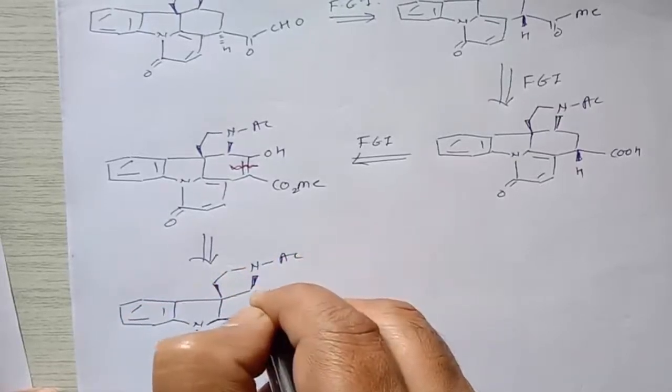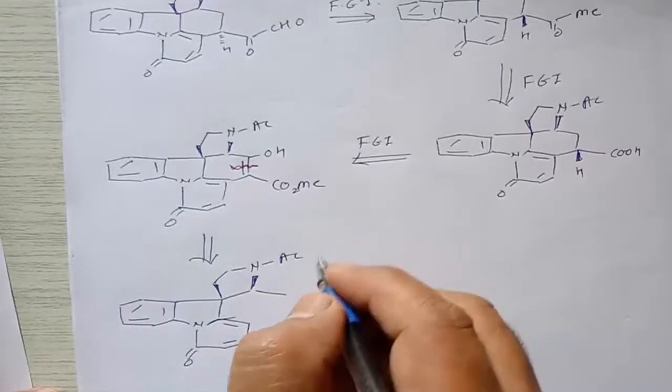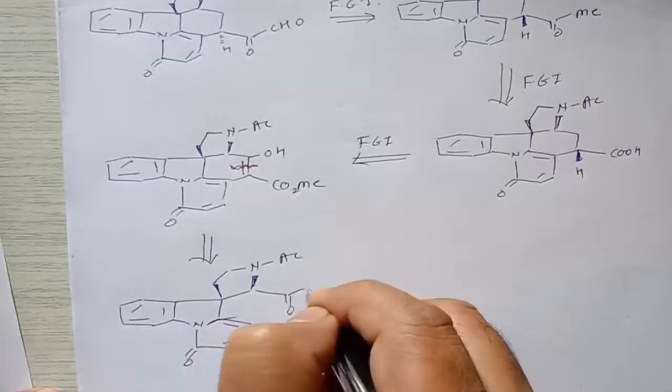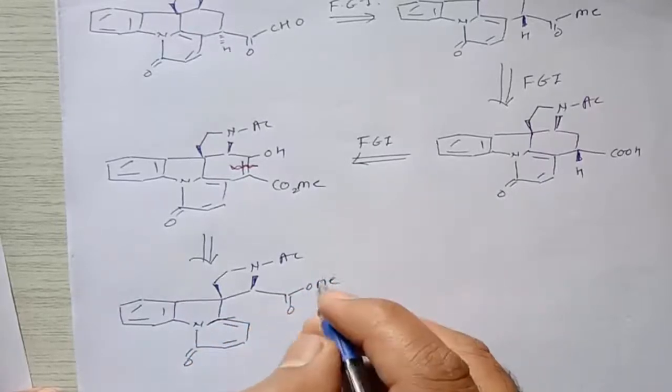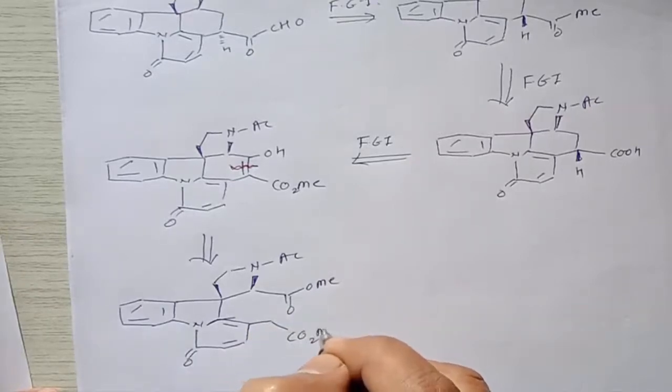Then here we get a carbon-carbon double bond, then here is an OMe, right? And from this side we can get CH2, then CO2Me, that is the ester group.